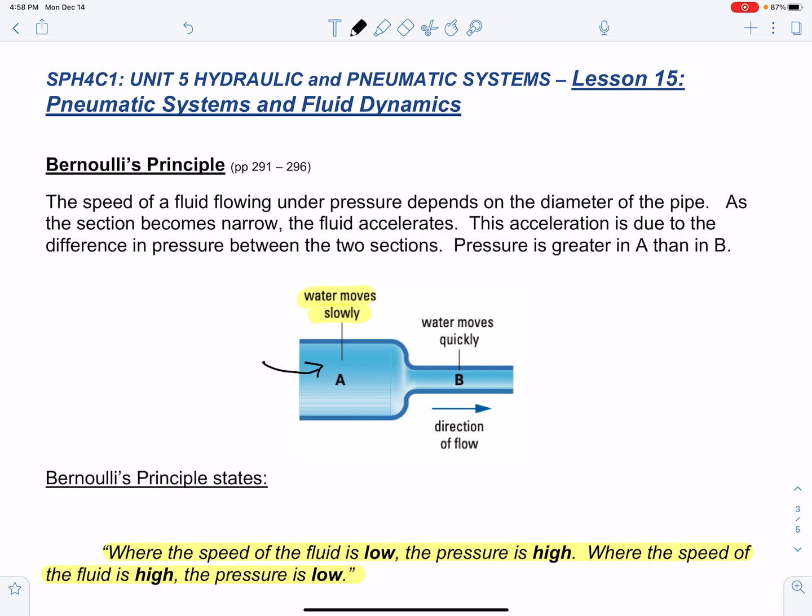Think about a large garden hose in which water moves slowly. Whenever water moves slowly, the pressure is high. And when water moves quickly, the pressure is low.